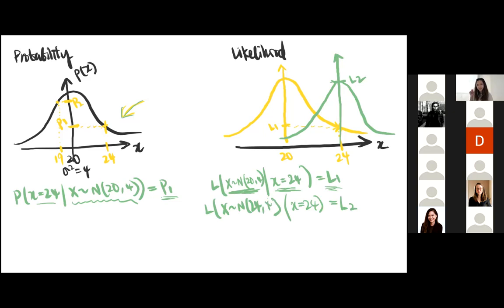So it makes sense that if we just have one puppy and want to maximize our likelihood, we should make the educated guess that the distribution of puppies is centered at 24. Any questions about that concept, that if we move our curve, the likelihood goes up? And where we move our curve to depends on what data points we have in front of us.